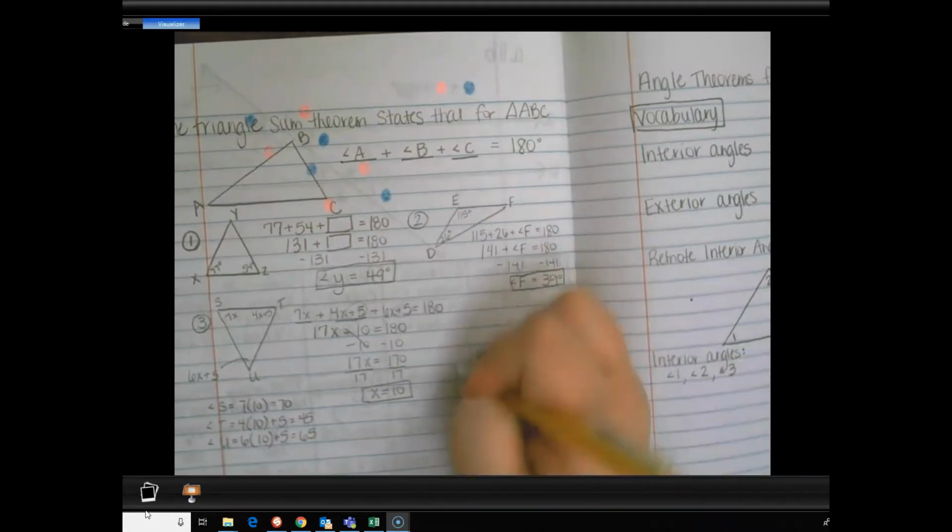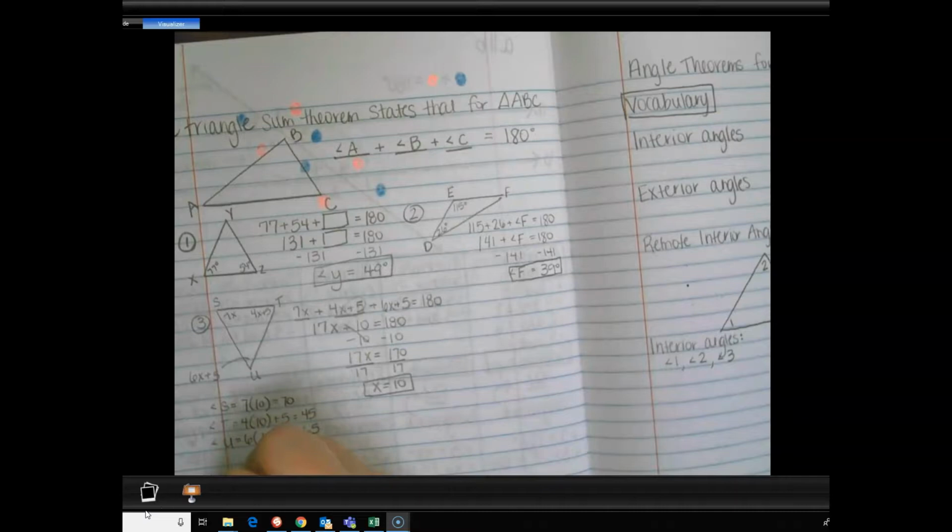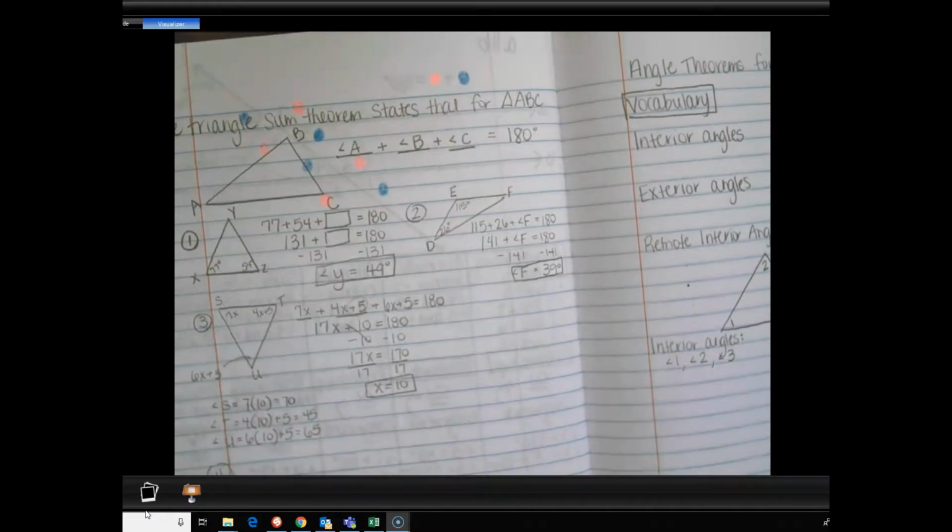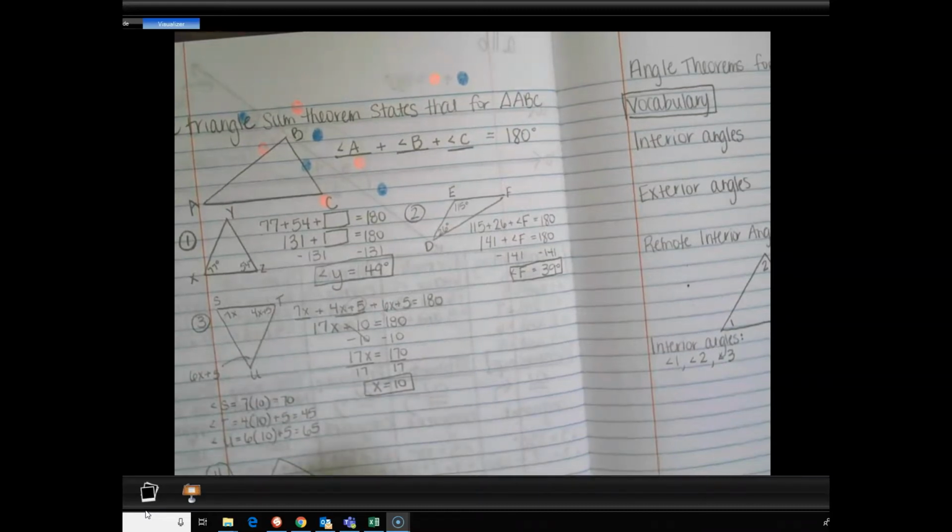All right, and now we're going to look at one more triangle. So we're going to do 12x plus 2, 26x, and 6x plus 2.